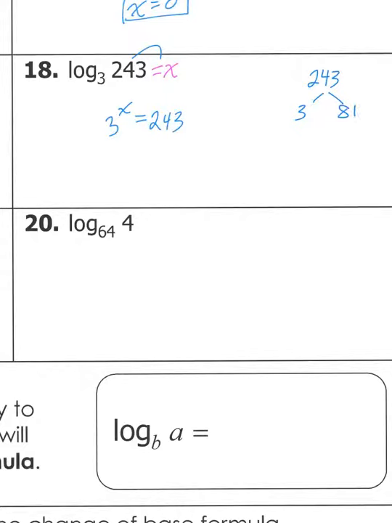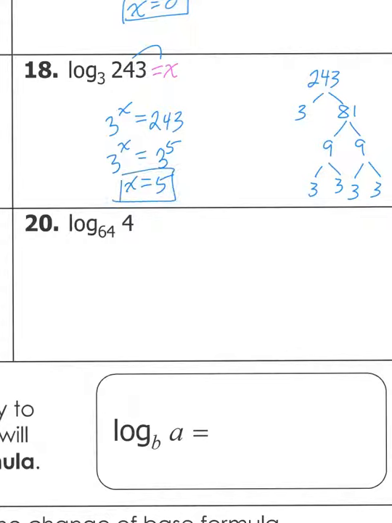You're going to get 81. That should become more familiar. 81 is 9 and 9, and each of those 9s gives you 2 3s. So I actually have 5 3s altogether. So 243 can be exchanged for 3 to the 5th, 3 to the x, drop your bases, set your exponents equal, and you do get x equals 5.